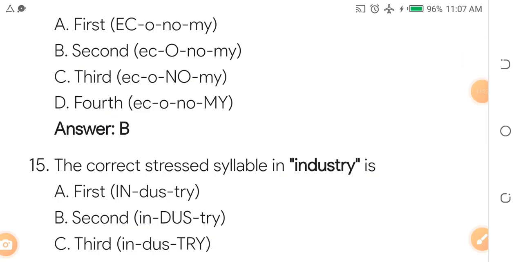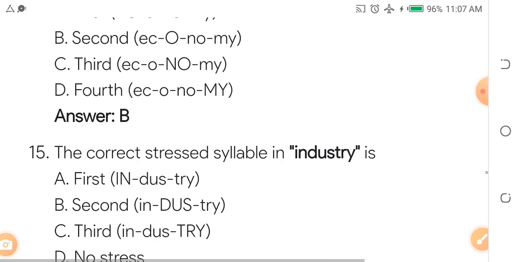Remember that in this JAMB exam, you are going to be facing 180 questions. Out of these 180 questions, you have only 120 minutes to answer. Therefore, you will have only 40 seconds to answer each question.